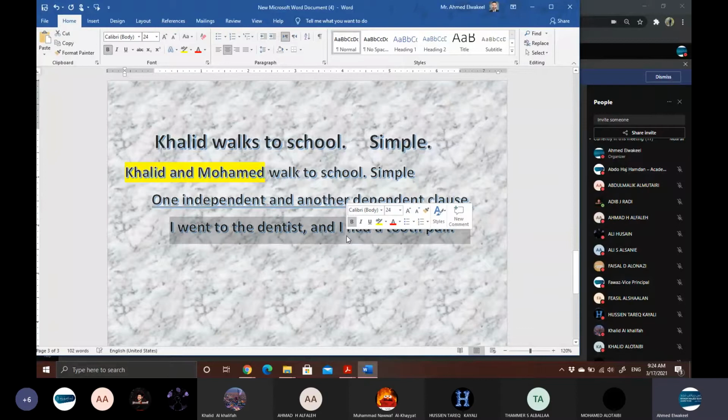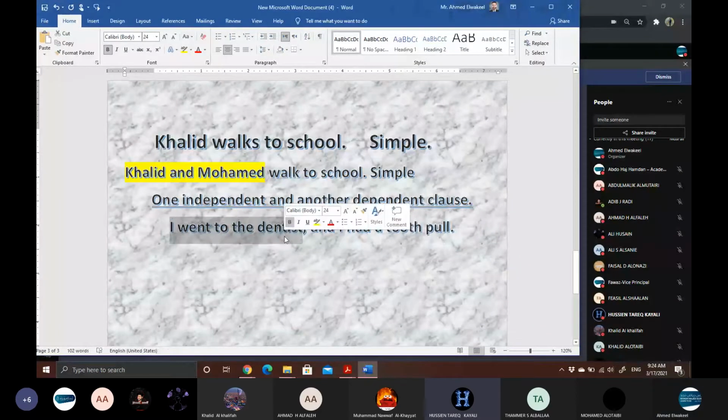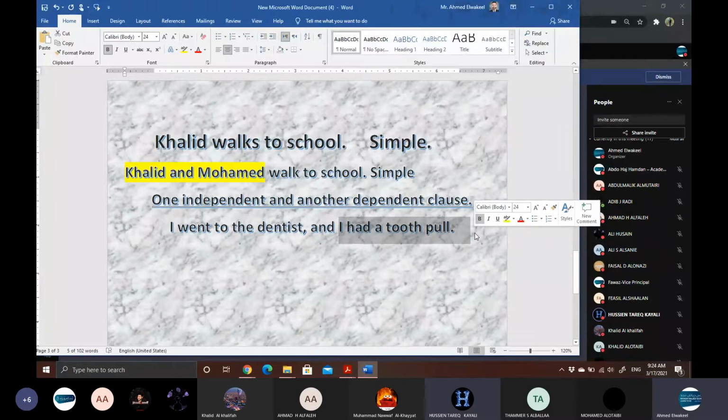So this sentence right now, I went to the dentist and I had a tooth pulled, is called a compound sentence. Why? Because you have two clauses joined with a conjunction. Well, not two sentences, it's independent clause and dependent clause.